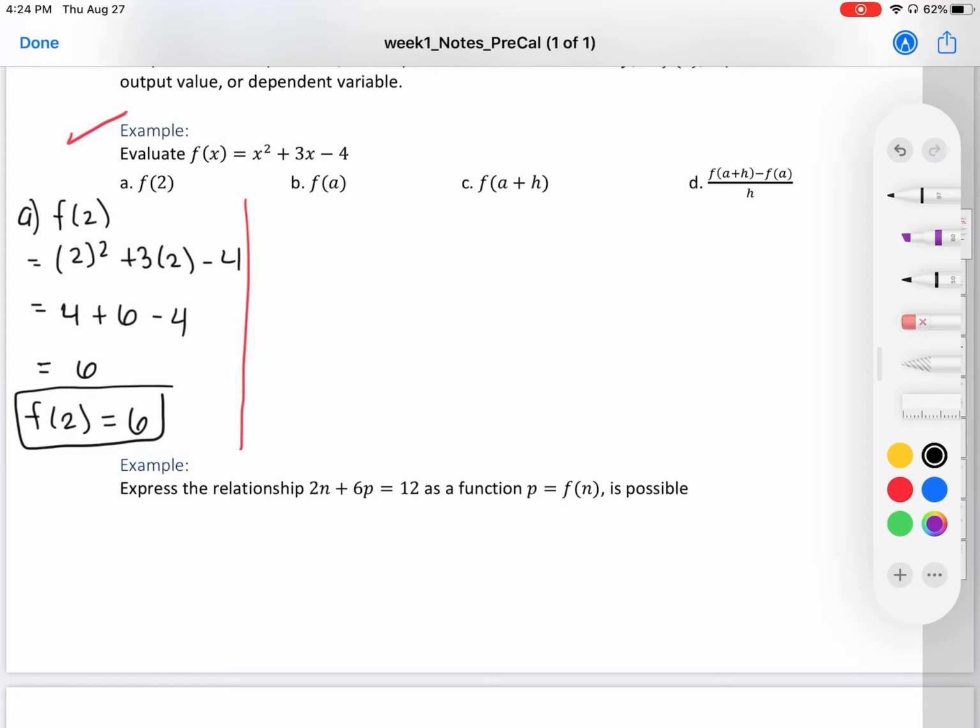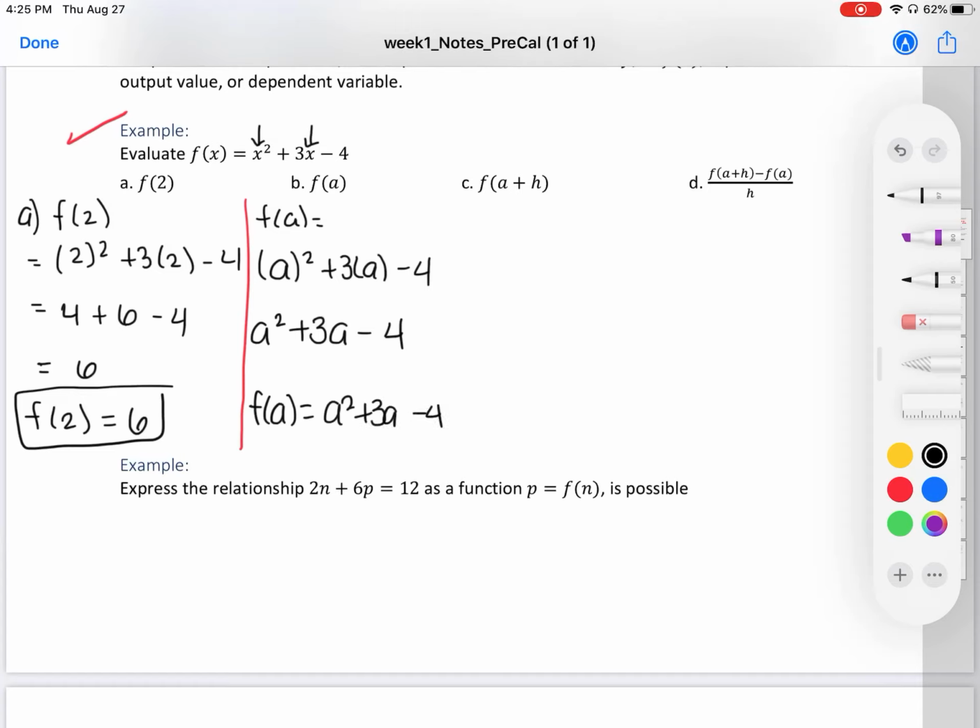This means we want to plug in an a for every x. Again, we have an x there and there. So f of a would be a squared plus 3 times a minus 4. And then we simplify. a squared is just a squared, 3 times a is just 3a, and then minus 4. So f of a is equal to a squared plus 3a minus 4. And that is our answer.